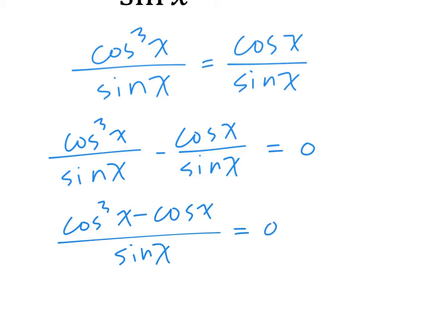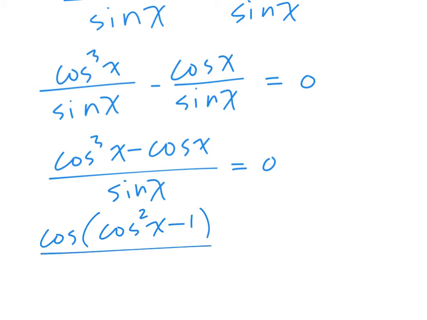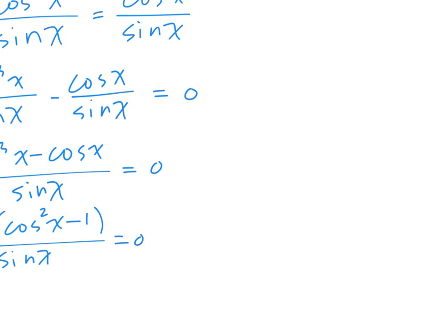Factor out cos. Okay, very good. You can see that the cosines are repeating, so we can factor out the cosine. What else? Cosine squared x minus 1 equals sine squared? Not quite, it's close, but not. So we want cosine squared minus 1.